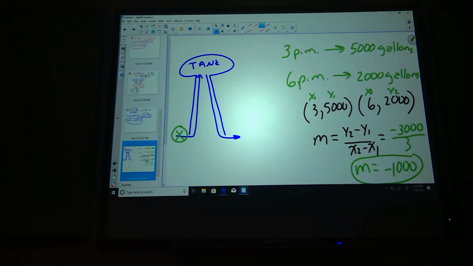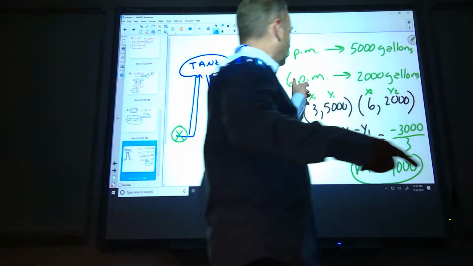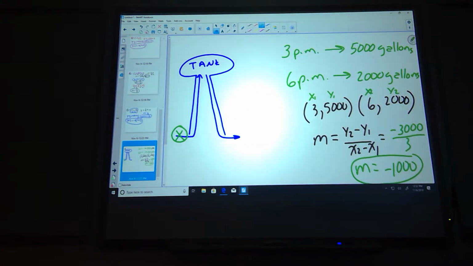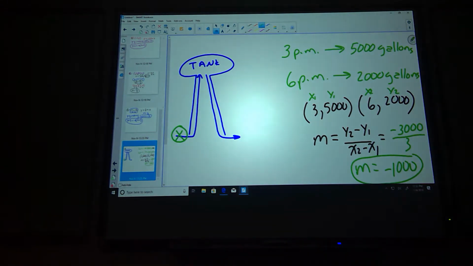It lost? Lost what? 1,000 gallons. Per minute? Almost. This is 3 p.m., 6 p.m. Oh, every 3 hours. Per hour. Yeah, my denominator is 1, right? So I'm losing 1,000 gallons for every 1 hour the day progresses on.